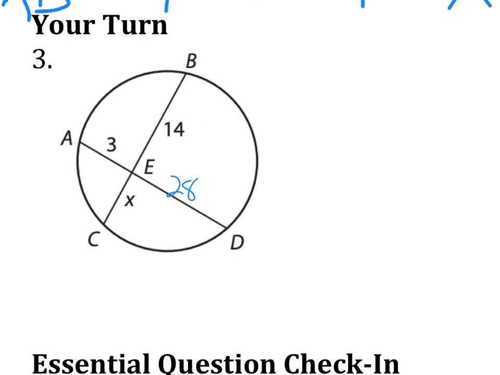And so our answer you should get is x equals 6. And so then AD is 31 and BC is 20.